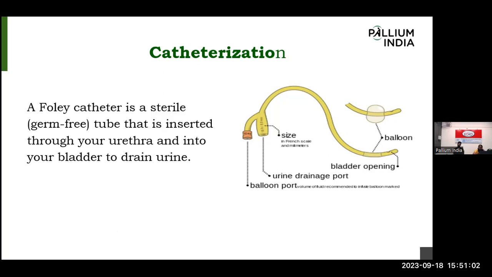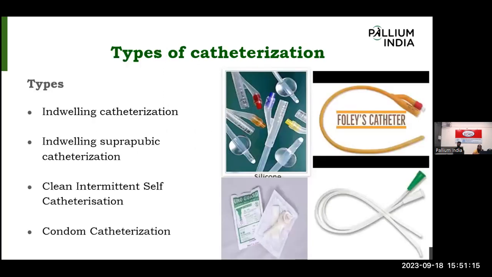If the patient is incontinent, and sometimes with retention of bladder, at that time we usually put a catheter to drain the urine. These are the types of catheter: indwelling catheter, and suprapubic catheterization also. For indwelling catheterization, there are two different catheters we usually use: Foley's catheter and silicone catheter.